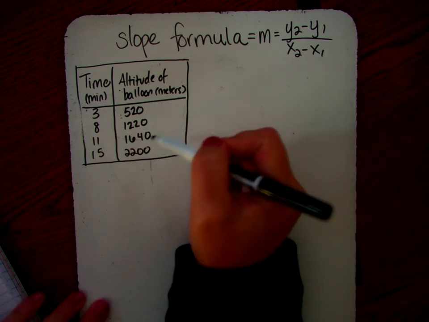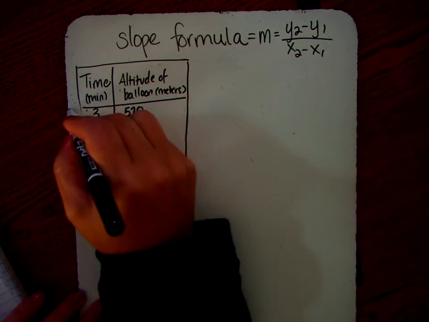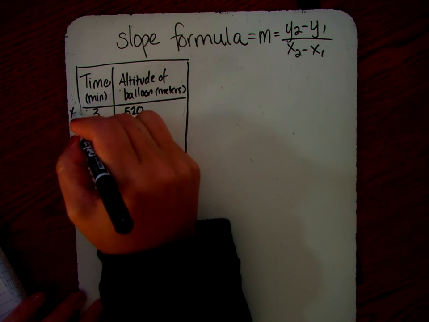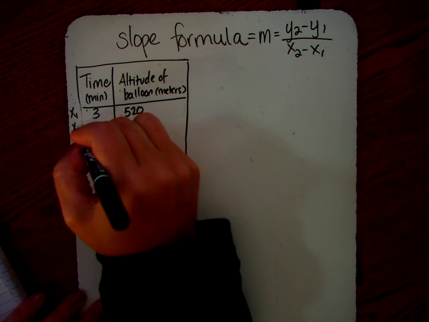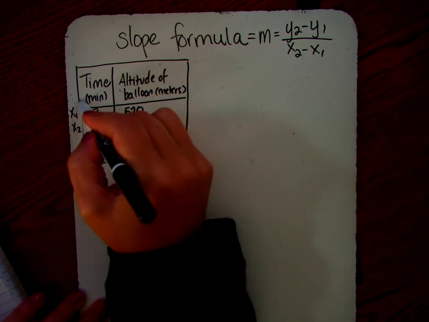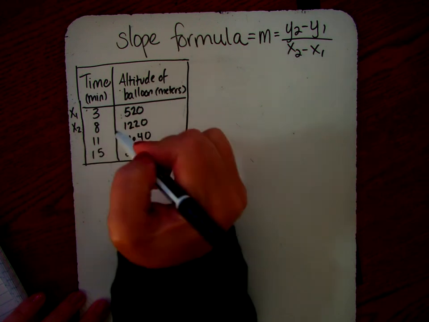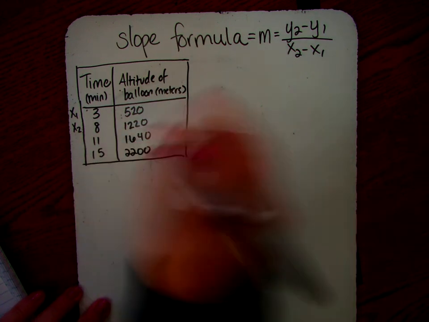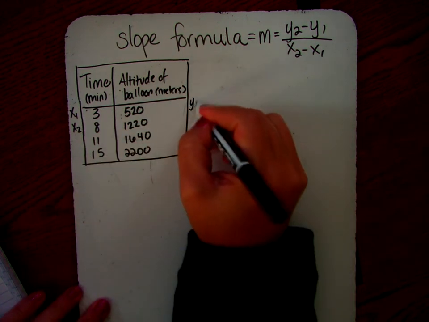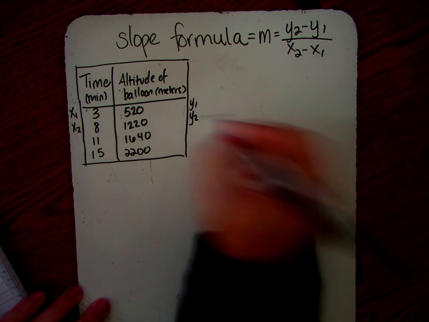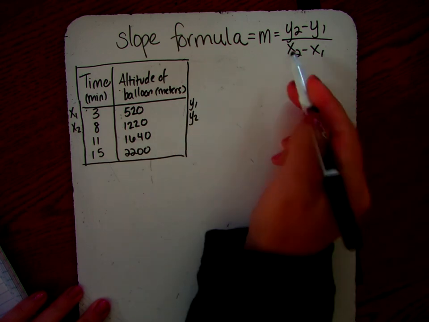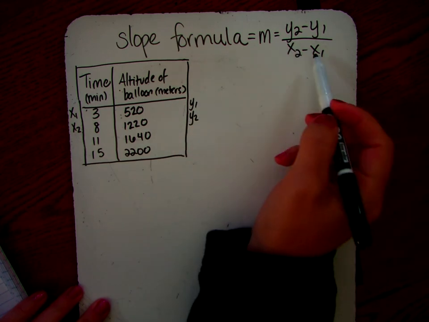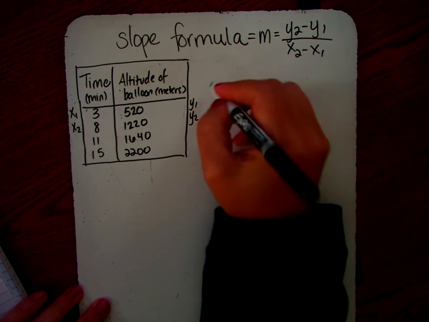And what I want you to do first is to identify your x1, x2, okay? Time will always be on your x-axis when we graph. And this will be y1 and y2. So all we're doing is filling in our numbers into the equation to solve.